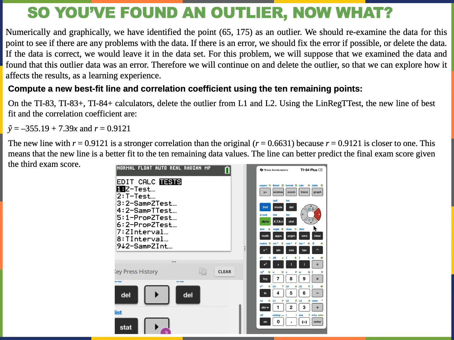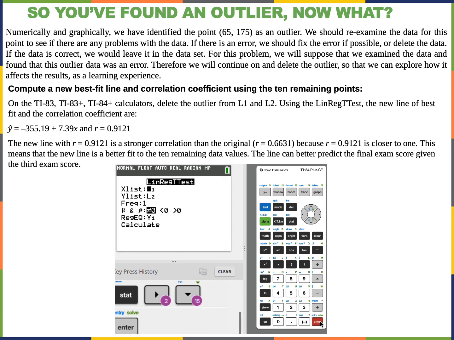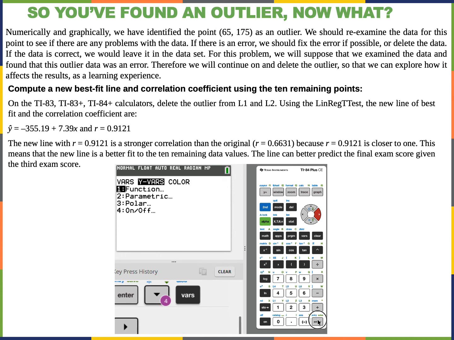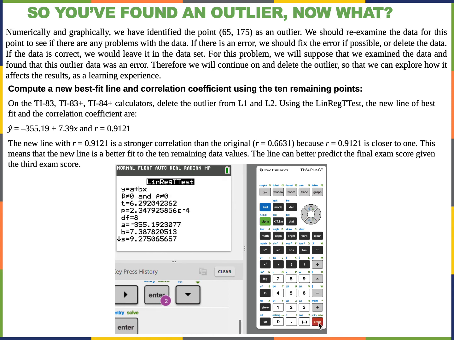Okay, so let's suppose in this problem we examine the data and we found that this outlier was an error. So what we'll do now is delete the outlier so we can see how it changes the results. So we do stat, edit, enter, and this is the troublemaker on the top, so I'm going to delete it from L1 and L2.